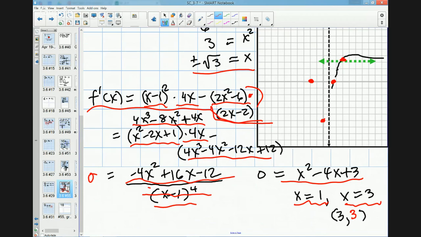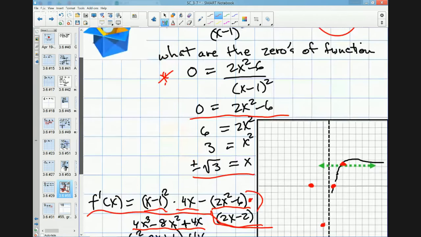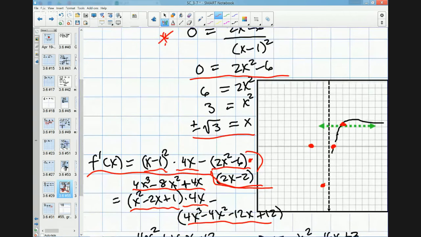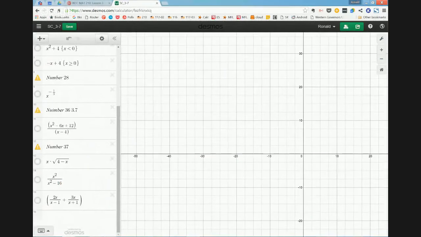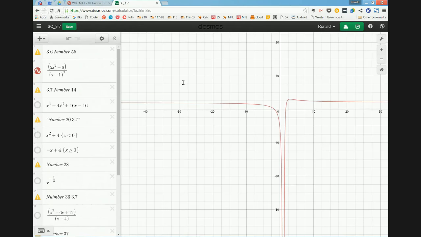Now, what we could do is start filling in more points. But as long as we've done quite a bit here, let's take a look at the electronic graph and see what this looks like. Okay, so this is number 55. So here's number 55 when it's graphed.